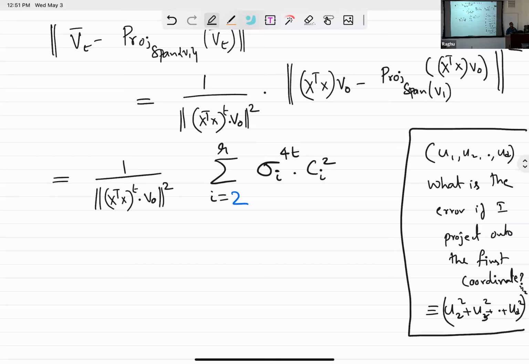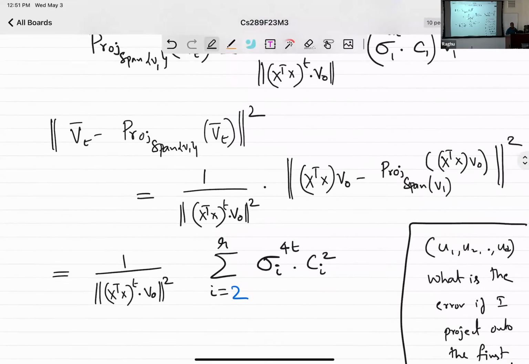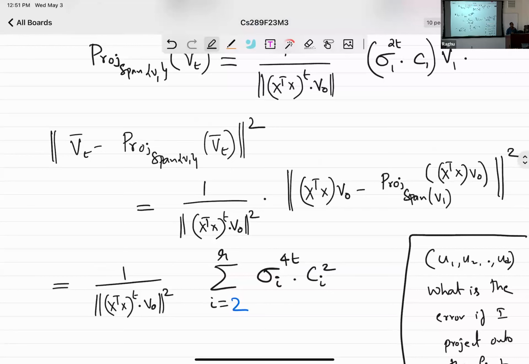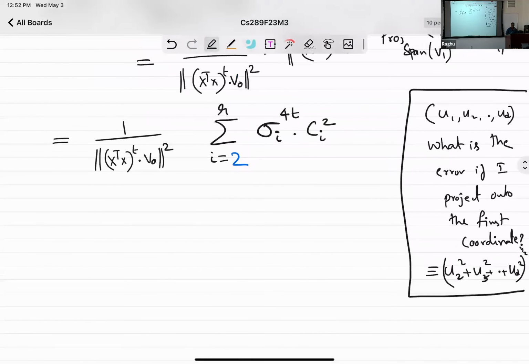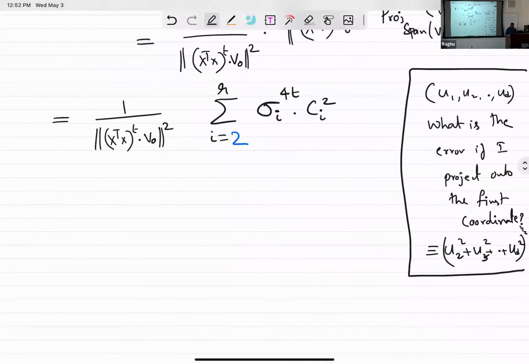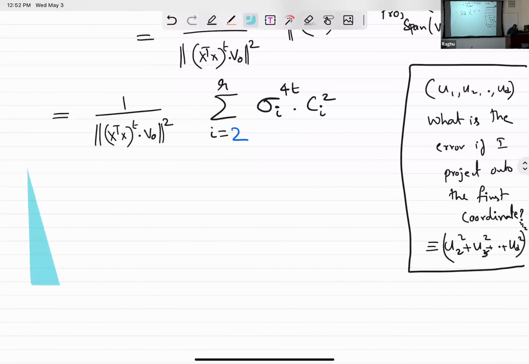Because we want to say somehow that it gets close to the first singular vector, right? And so we really want to say that the error from the first singular vector after projecting out should be very small. Okay, that means that you're converging to the first singular vector and we are happy. Okay. All right. So, so far we have an exact equation. So let me summarize that.